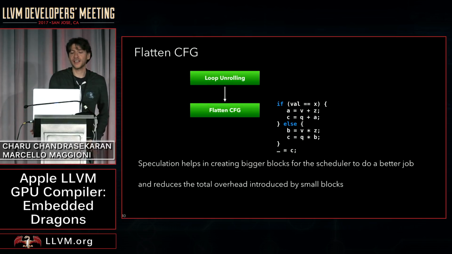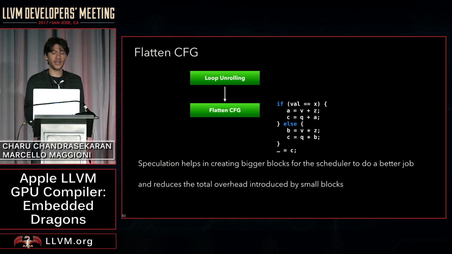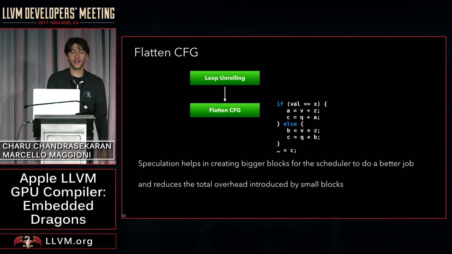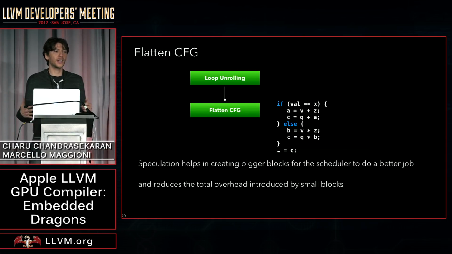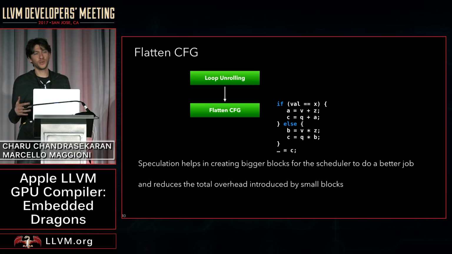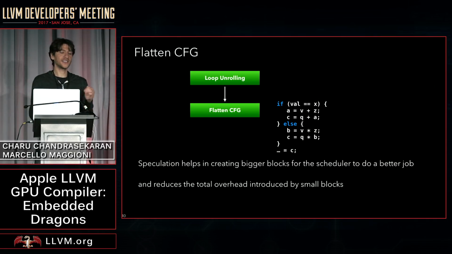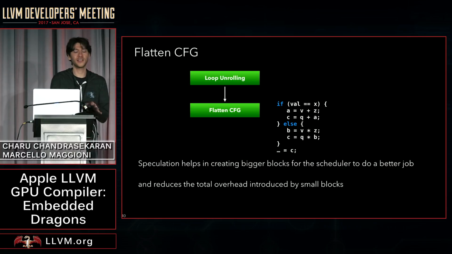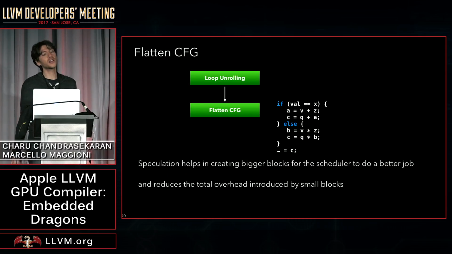Another step we do is flattening the control flow. Normal code tends to be very branchy with a lot of small blocks that feed one another. Control flow can be expensive on GPUs because you need to set the execution masks for the various SIMD lanes to execute the various threads, and that is extra instructions.